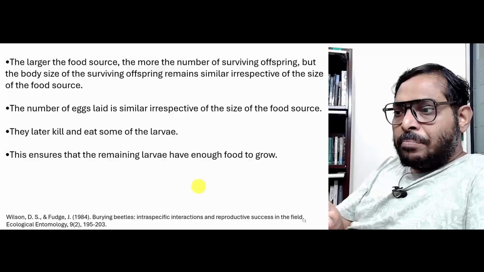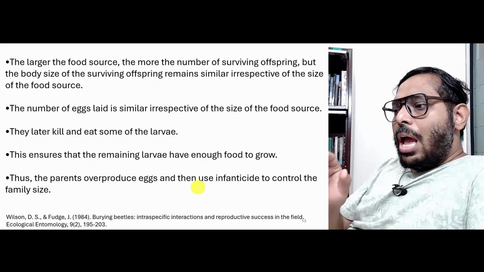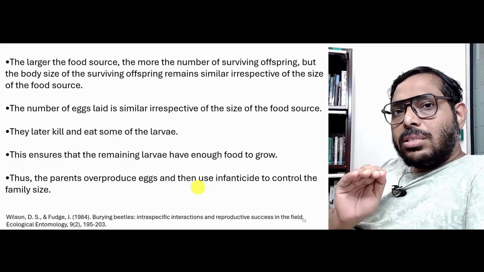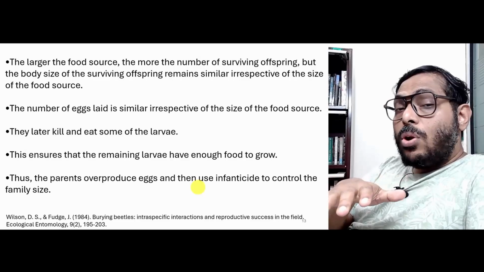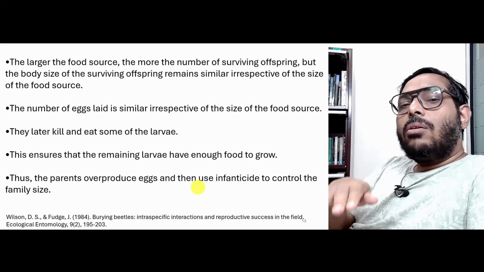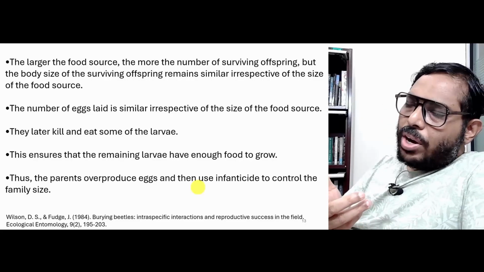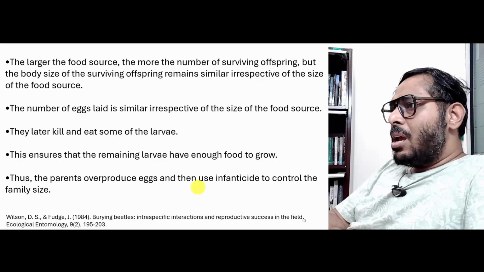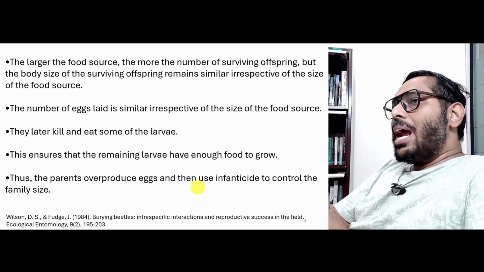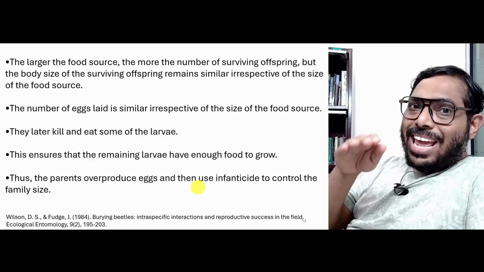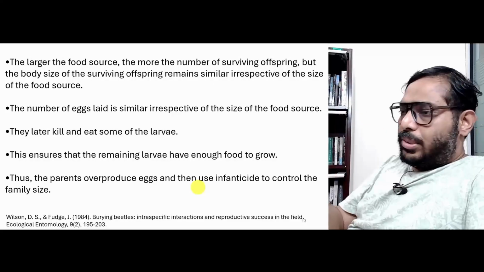Because of this, the remaining larvae have a sufficient amount of food to grow. Therefore, infanticide is a way used by the parents to control the family size such that all larvae end up getting a similar amount of food. Now, of course, one can ask, doesn't it seem a little bit wasteful? Would it not have been better if they had evolved a way of laying more eggs or fewer eggs depending on whether they had more food or less food?